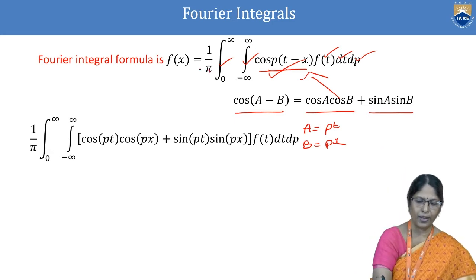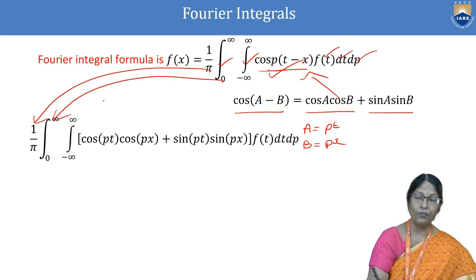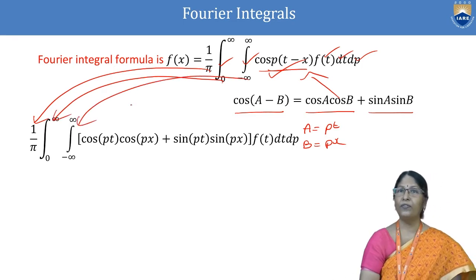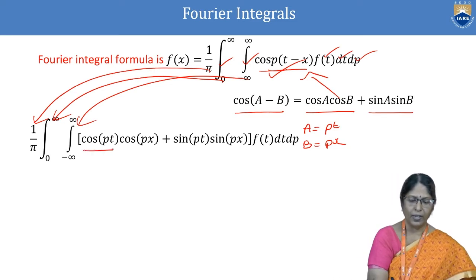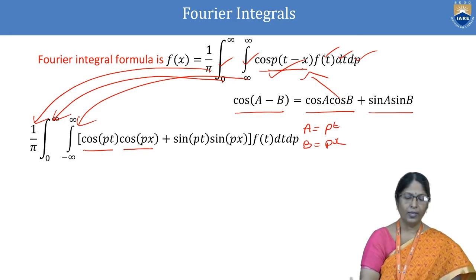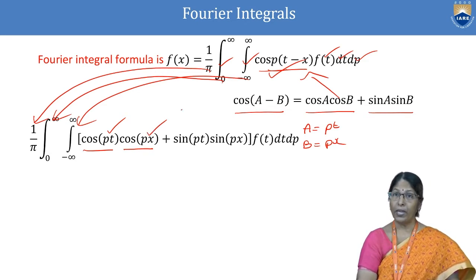So 1 by pi is written as it is. Integral 0 to infinity is written here, the same, minus infinity to infinity, cos a, here cos b, because according to the formula, a is playing the role of pt and b is playing the role of px.